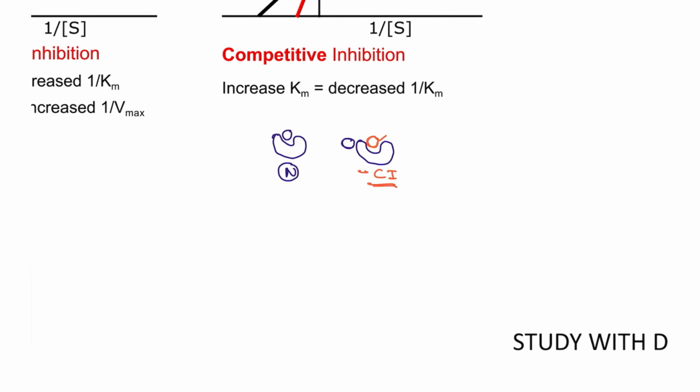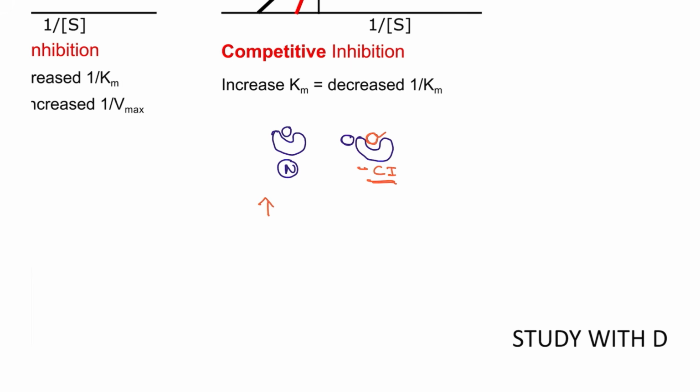In competitive inhibition, there will be increased Km value, and Vmax is unchanged. Let's see in the graph. Here there is a maximum Vmax. This is the normal graph, and in competitive inhibition Km is increased, so it will be seen like this.